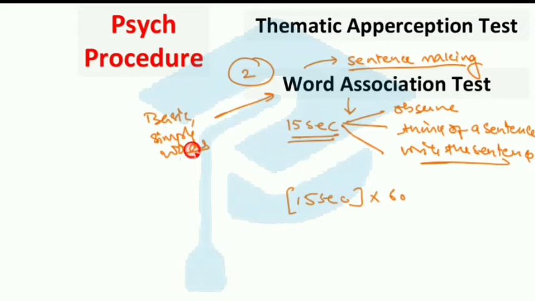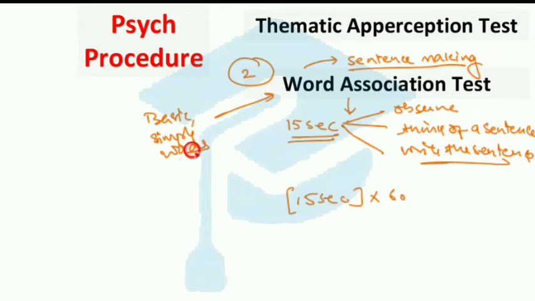So, as there was a picture in the thematic perception test to see how you would react in such a situation given in a picture, in the word association test, they come up with a word to see how you will react when this event or word is brought before you. Clear? So this word association test is also a basic test.